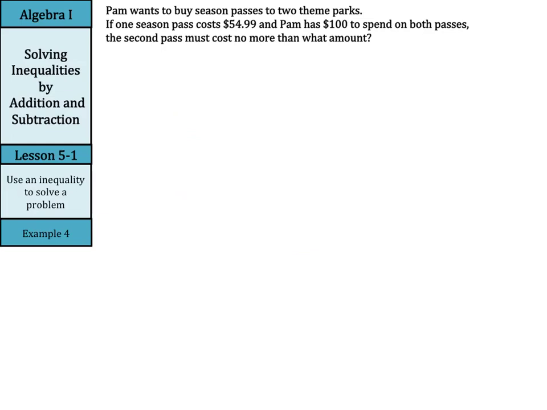If we think about this in words before we try to write our inequality, basically our two passes, so pass 1 plus pass 2 has to be less than or equal to 100, since she has $100 to spend.